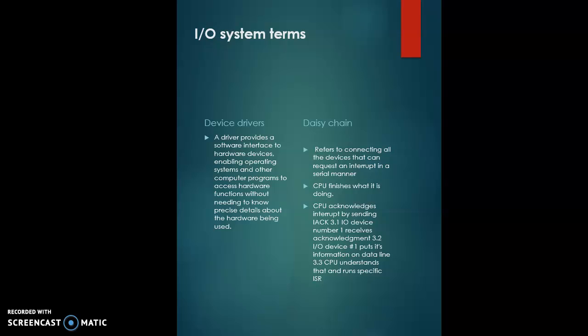So here, the configuration is governed by the priority of the device, and the device with the highest priority is placed first, followed by the second highest priority device, and so on.